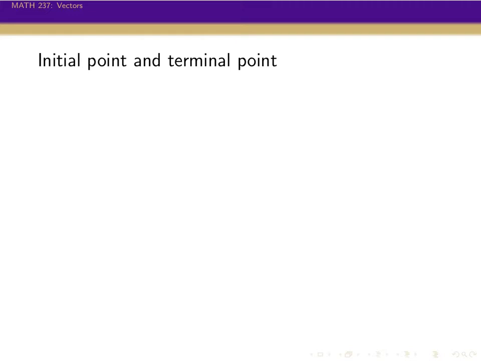So when we write a vector, there's our vector v. You can see the handwriting notation with the little arrow on top. When we're thinking about breaking this down, we can break it down into two parts.